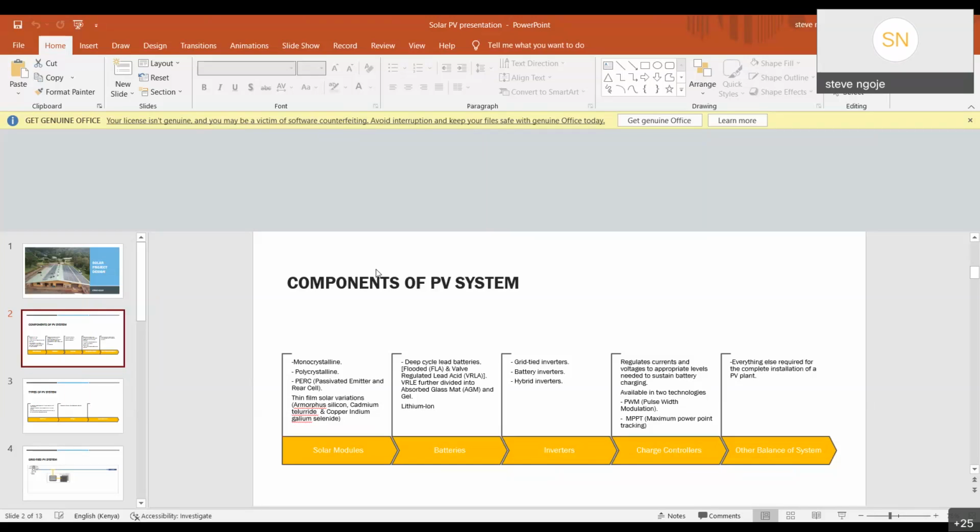So the MPPT, during charging, if for example it's a 24-volt battery system, and we are using bigger modules that are rated at about 40 volts, the MPPT will also reduce the voltage to what the battery really needs.